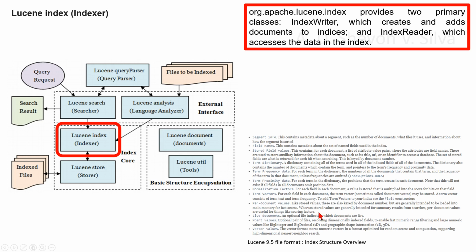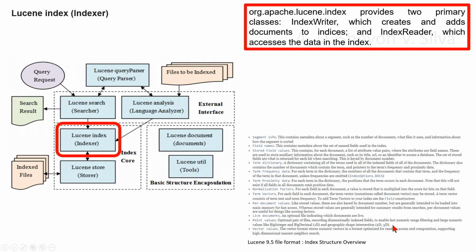Per-document values: like stored values, these are also keyed by document number, but are generally intended to be loaded into main memory for fast access, whereas stored values are generally intended for summary results for searches. Per-document values are useful for things like scoring factors. Live documents: an optional file indicating which documents are live.